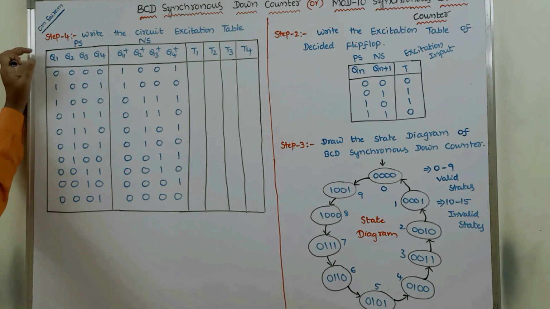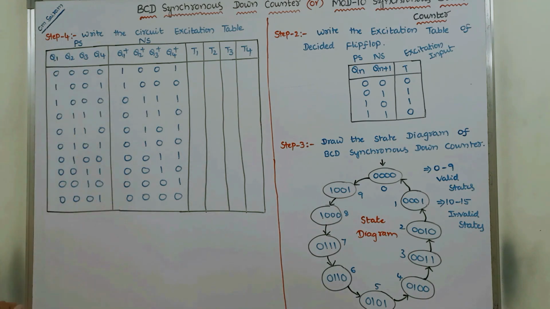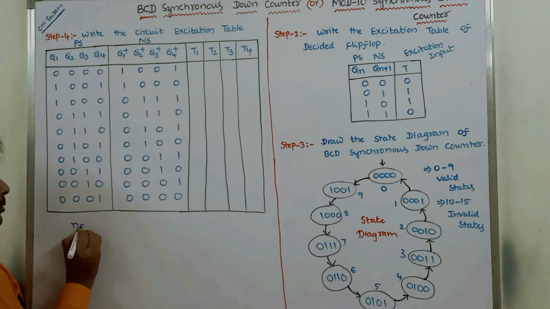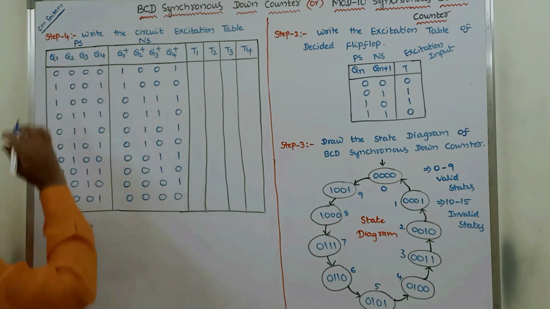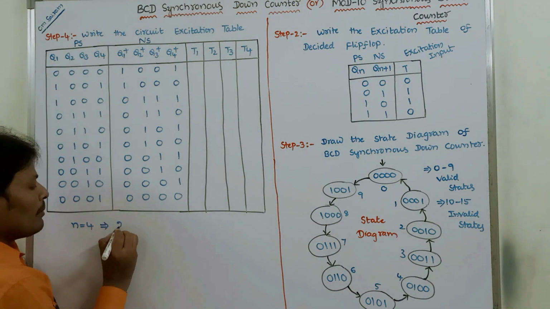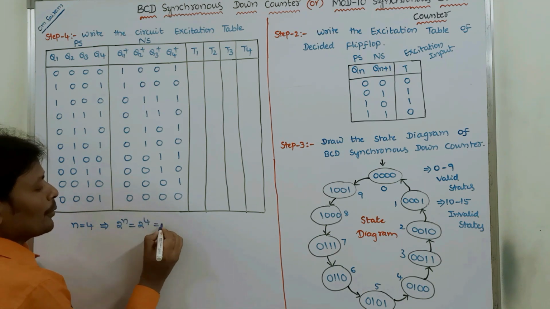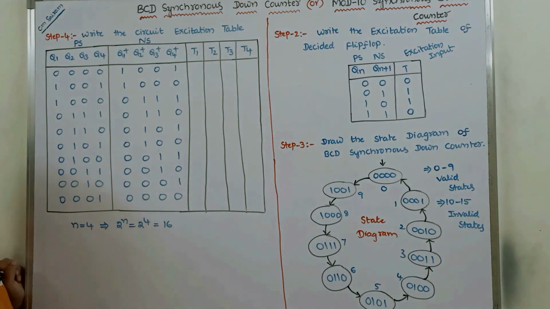In the input, how many number of bits are there? Q1, Q2, Q3, Q4. That means n is equal to 4 number of bits in the present state. With 4 bits, how many possible combinations? That is 2 power 4, that is 16 possible combinations.